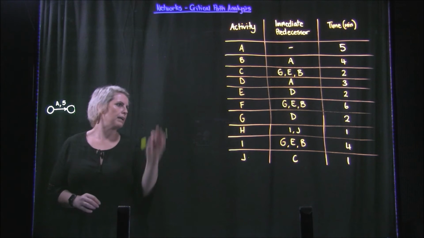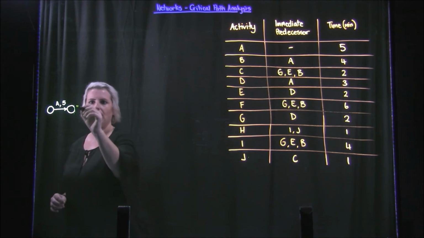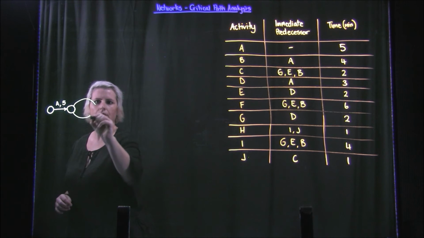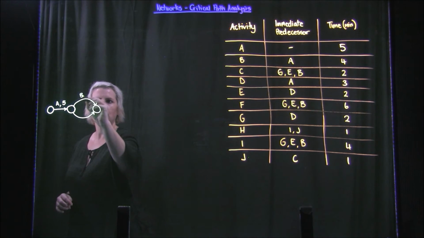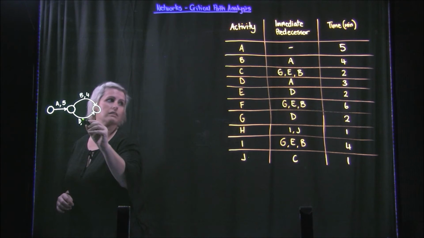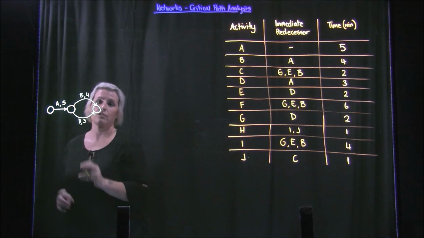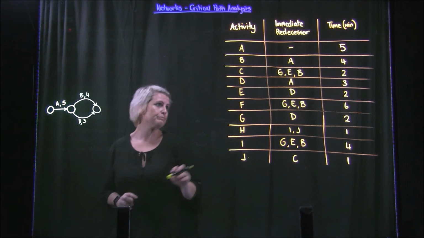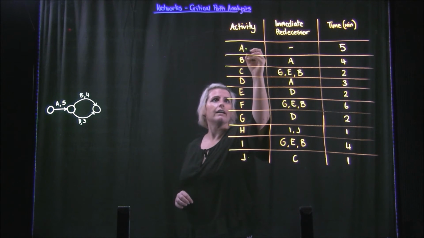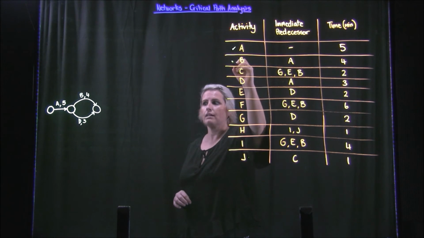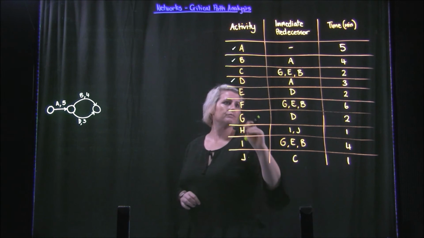It looks like B and D just have to have A done, so we can do these simultaneously. B at 4 minutes, D at 3 minutes. So D could actually start a little later. Okay, so now we've done A, we've done B, we've done D.